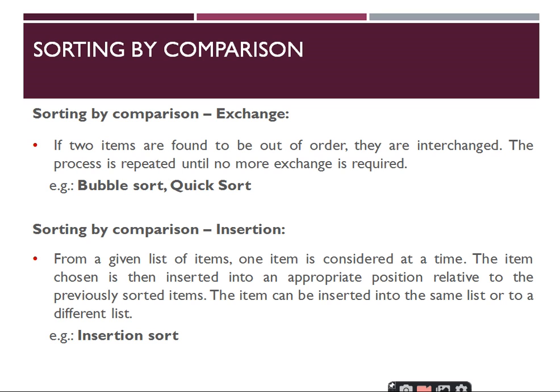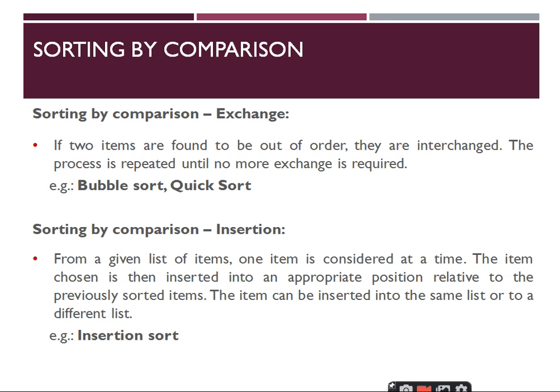It means that if two elements are found to be out of order, that means they are not in a proper order, then you have to interchange their places. So here you are exchanging their places and you repeat this process until no more exchange is required, until all of the elements are now in a sorted order. Examples of this sorting by comparison include bubble sort algorithm and quick sort algorithm.